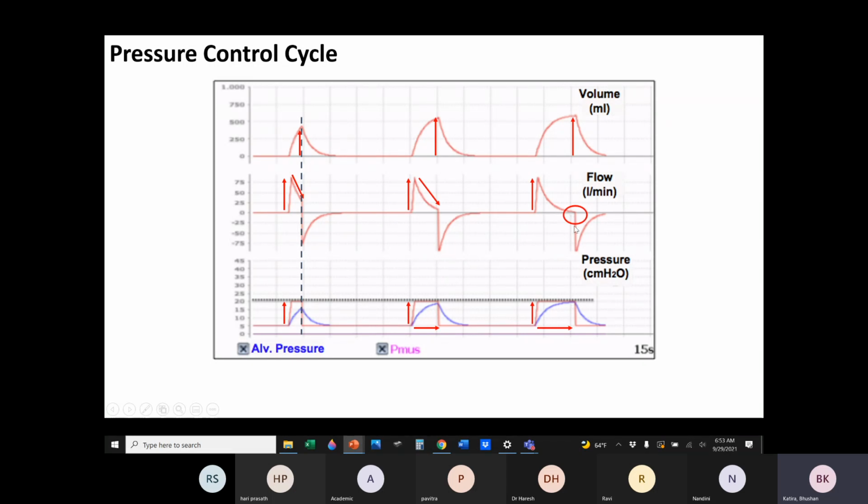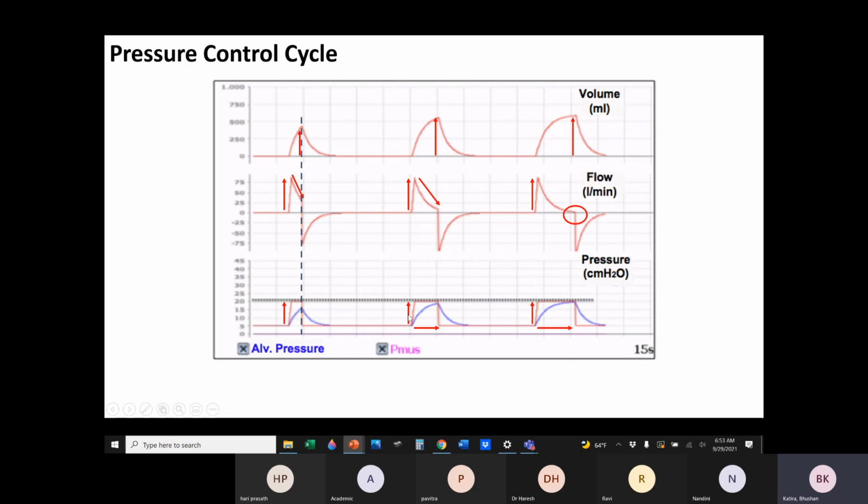In a pressure control mode, people believe the plateau pressure is the same as the peak pressure. No, not unless in that cycle you see the flow coming down to zero. If in that cycle your flow does not come down to zero, then the peak airway pressure is not equal to plateau pressure or alveolar pressure, as you can see in this schematic.